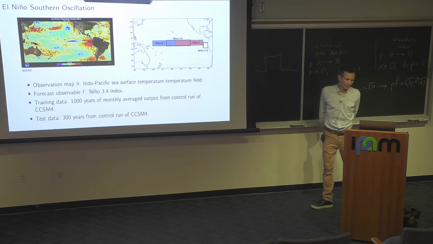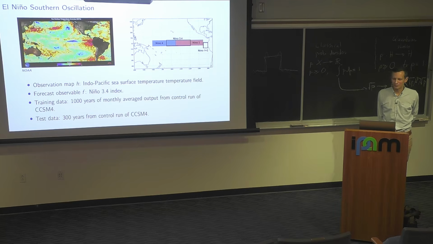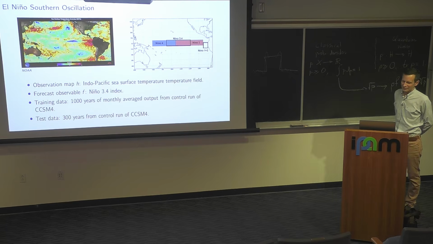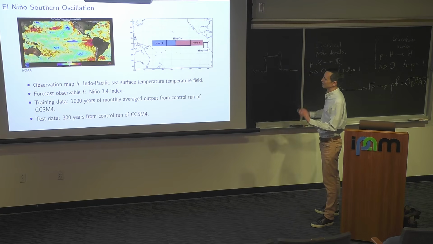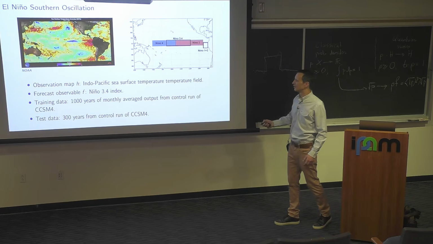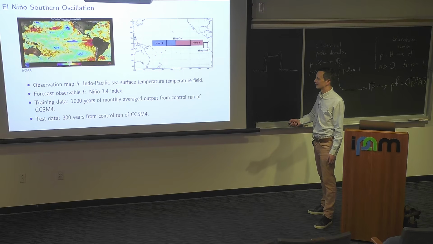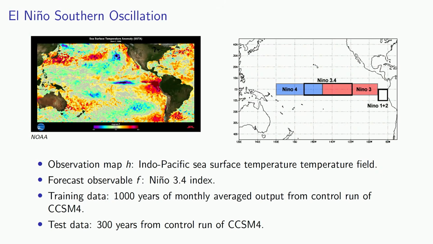As an example, here we have one application where we do data assimilation of El Nino. This is all done in a climate model, so I don't want to overclaim anything here. We took a long training data set from a control integration of a climate model, and we use observations of Indo-Pacific SST as our observed data.